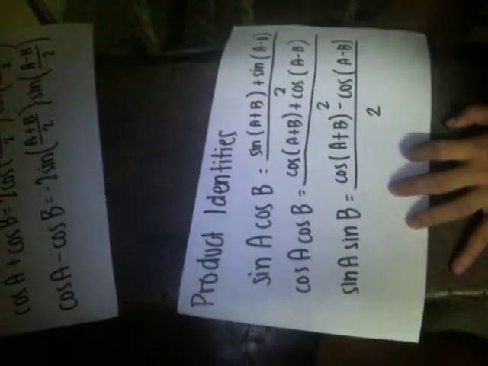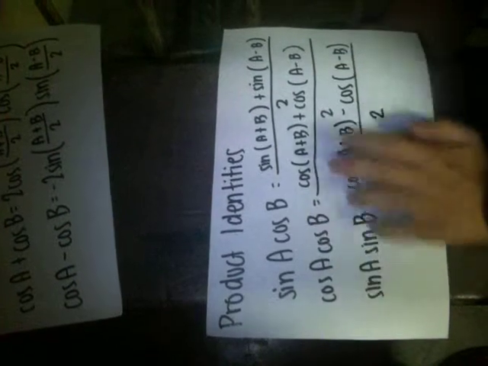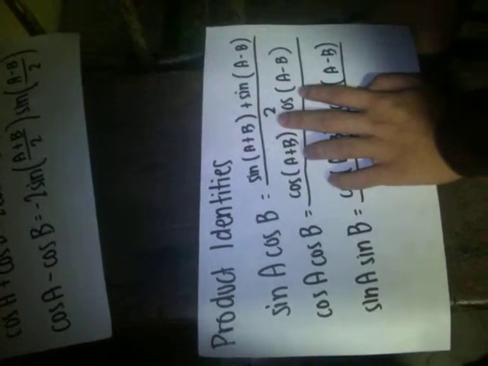The last identity is product identities. The product identities were used before logarithms were invented in order to perform multiplication. Okay. Sine A cosine B is equal to [sine of (A plus B) plus sine of (A minus B)] over 2.